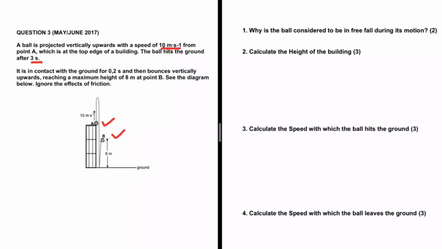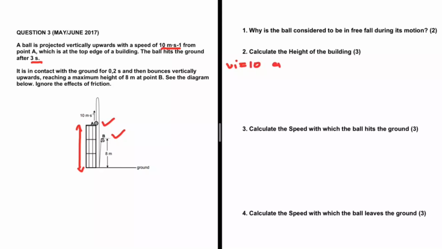The second question, calculate the height of the building. We want to calculate the entire height of this building. How can we possibly do that? Let's take a look at the information we have. We have the velocity at which the ball is projected, our vi, which happens to be 10 meters per second.